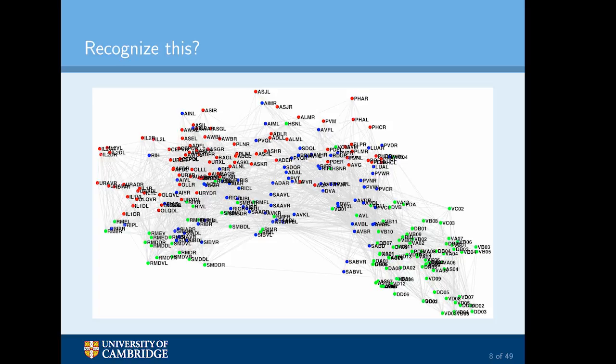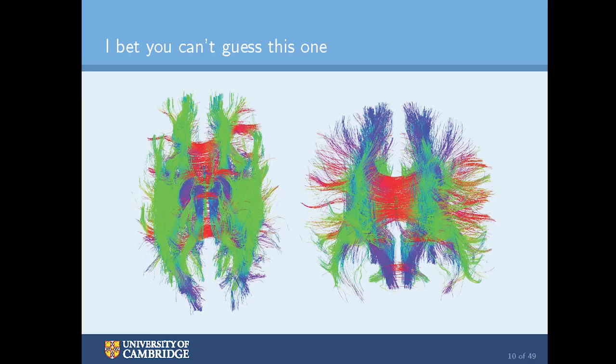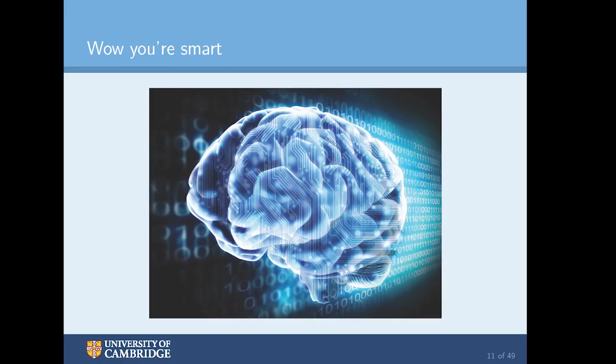I'll read off a couple of them: DVA, SIBVL, SMDDR, AINL. It's C. elegans. It's the model organism for all of biology. What about this one? Does anyone know what this one is? Wow, you got it.